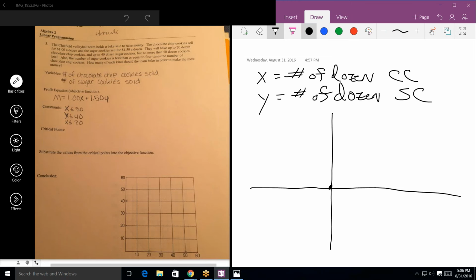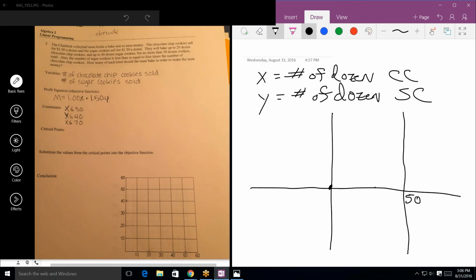If I graph the line, X has to be less than or equal to 50, that's a solid line. Which side of that am I on? Left, right. That's 50 right there. Would those be the right constraints?